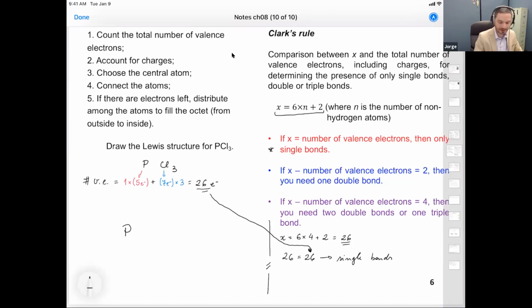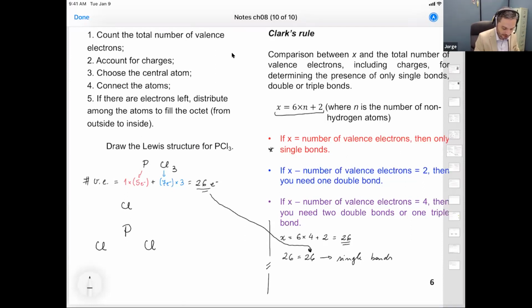In this case, it is phosphorus, surrounded by the 3 chlorines. It doesn't matter which position you pick for the chlorines at this point. It will be important later. It matters that phosphorus is in the center and is surrounded by 3 atoms of chlorine.